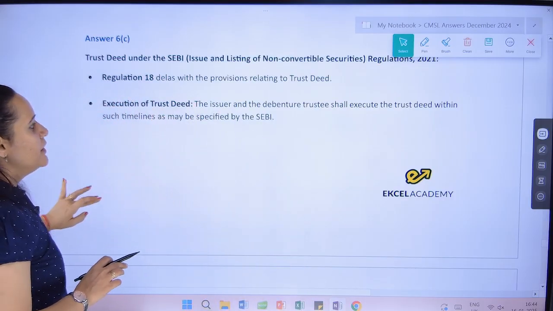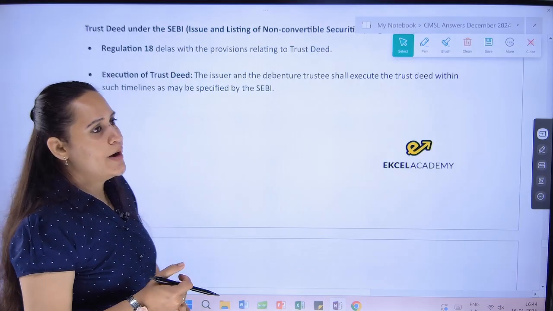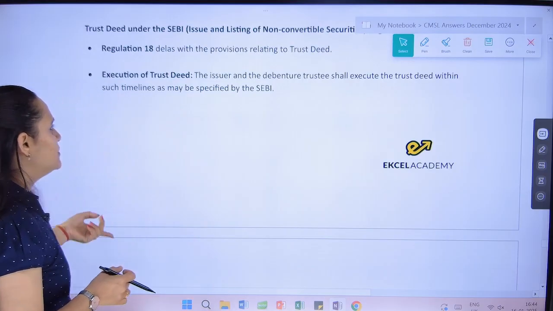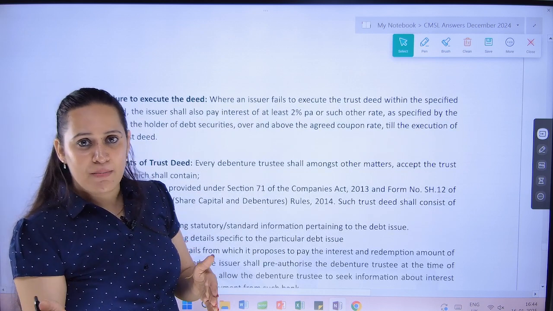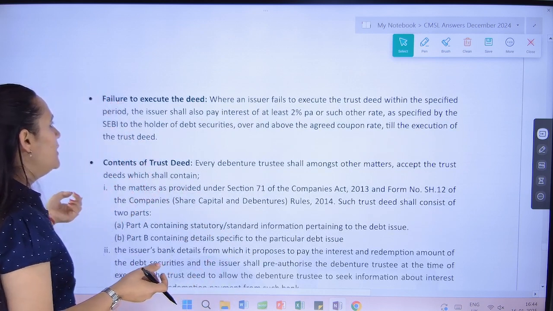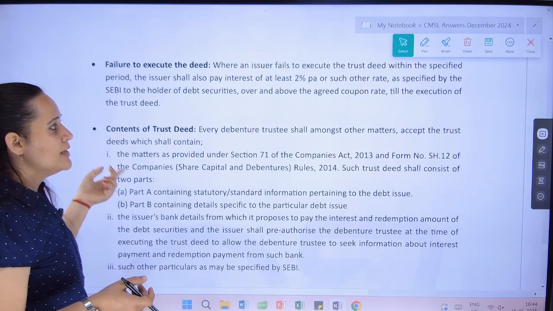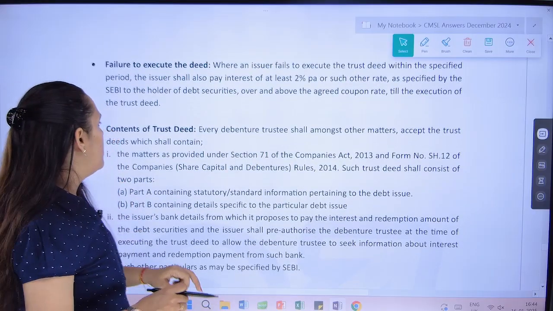They say that the issuer and the debenture trustee are required to execute the trust deed within the specified time as may be issued by SEBI. For different instruments, different timelines are there, so specifically it is not required. If they fail to execute the trust deed, it is a punishable offence under the provisions.